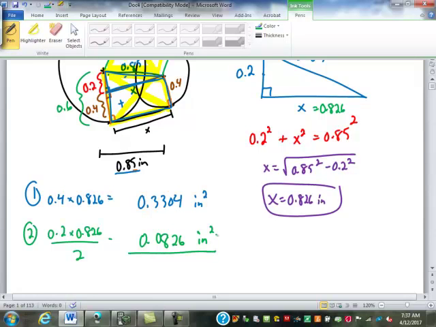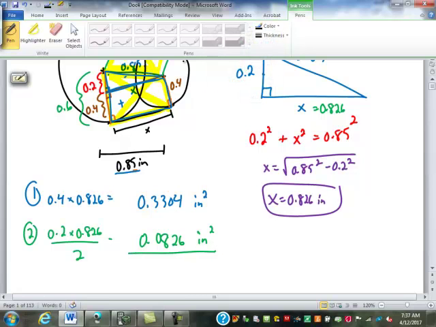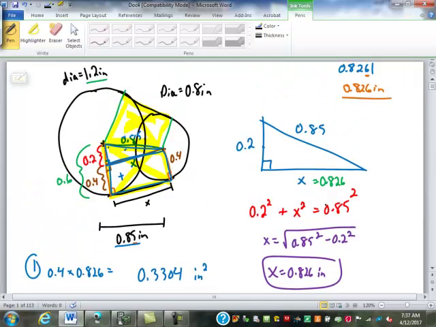We're going to add those together and we're going to double that, because remember we said there's one up here that's the same shape. So 0.413 times 2 is 0.826 square inches. So that is this part right in here that I've got highlighted.